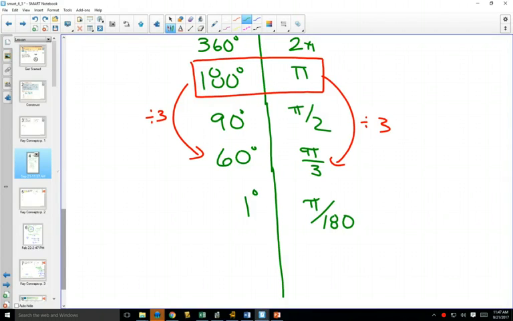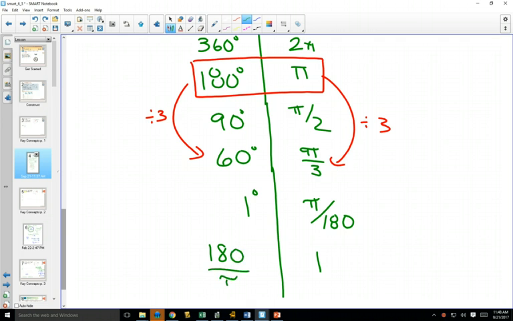How about 1 radian? No, pi radians is 180 degrees. 3.1415 and so on is 180 degrees. But what's 1 radian? 180 over pi.